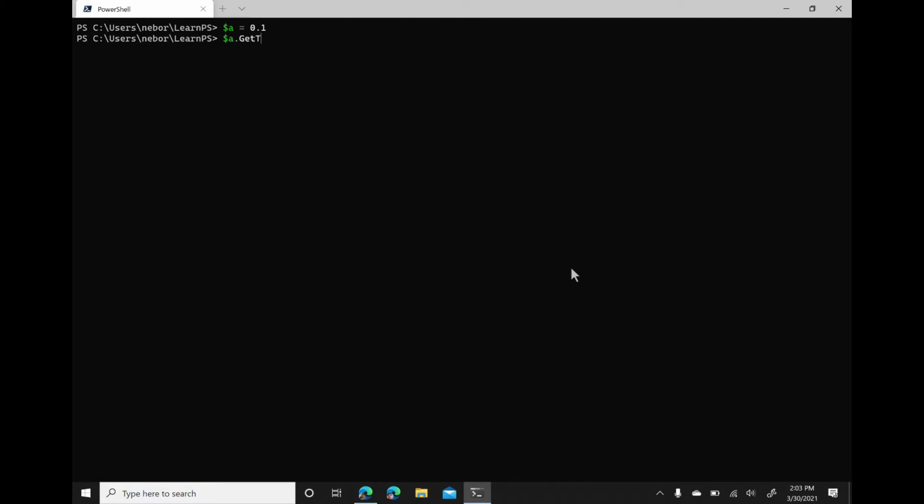A get type dot name, and it says it's a double. So double just means double precision floating point. There's also a float type. So if we say float A, then it's also going to be 0.1, and the only difference is that a float type is 32 bits, and a double type is 64 bits, or 8 bytes.